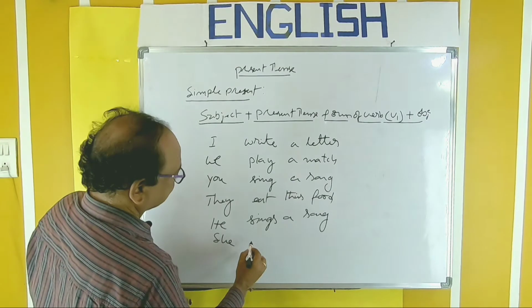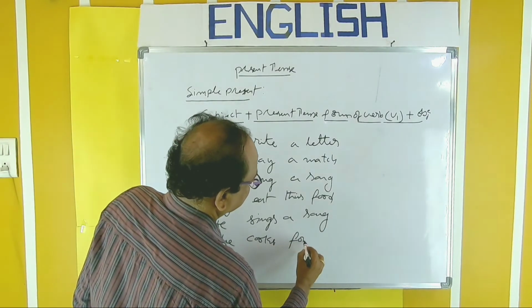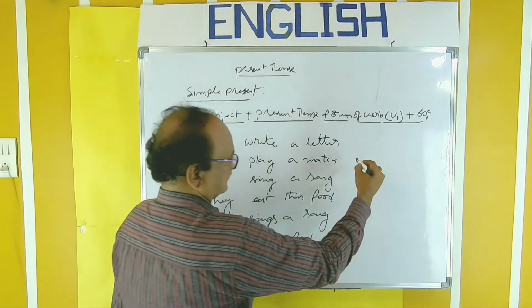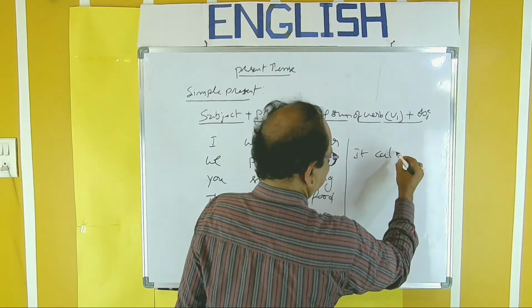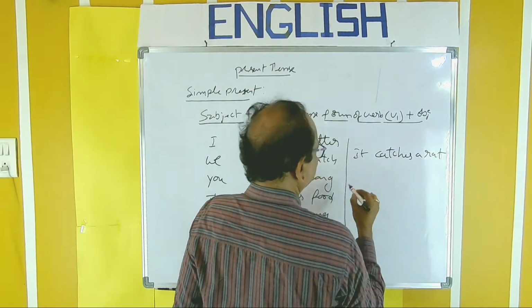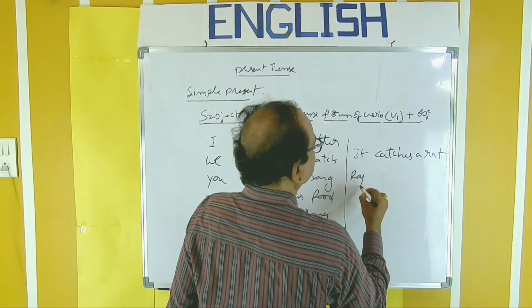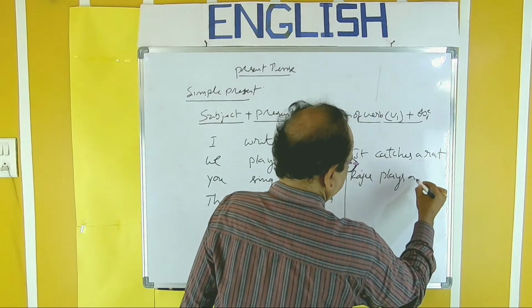She cooks food. Next, it catches a rat. Next, Raju plays a match.